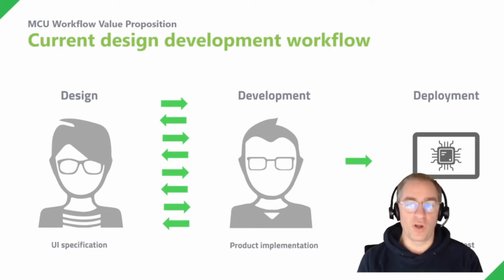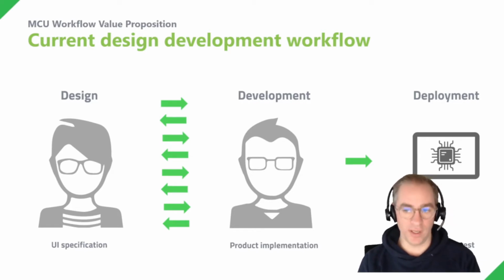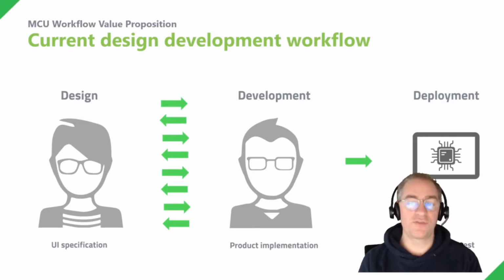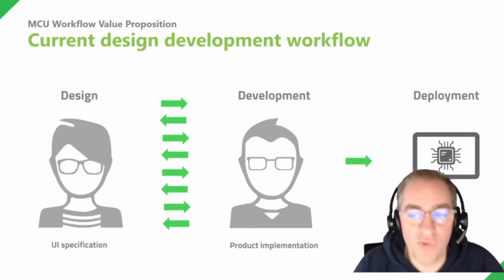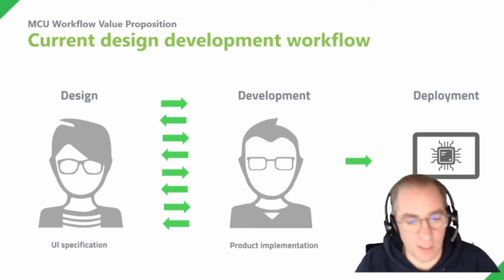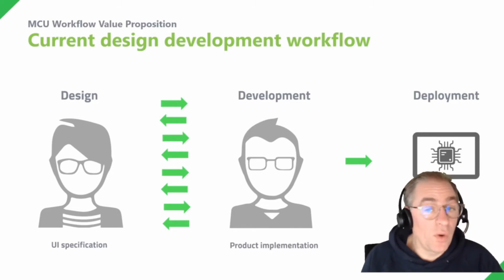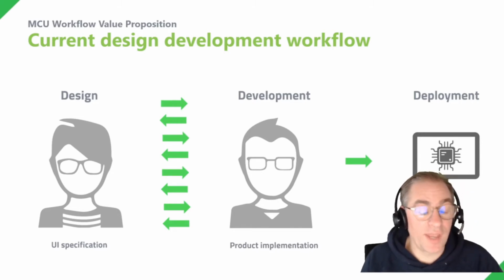And to check what happened on the final devices, I need to wait for the development team to deploy, then ask for changes, because the results on the final devices are never, of course, the same as on my desktop. So this process needs a lot of time, a lot of exchanges can create some tension, and it's not the best solution.